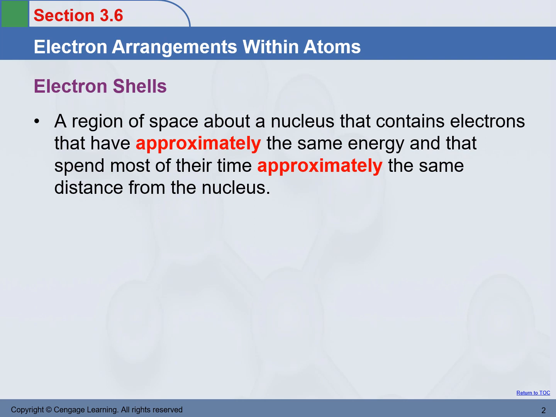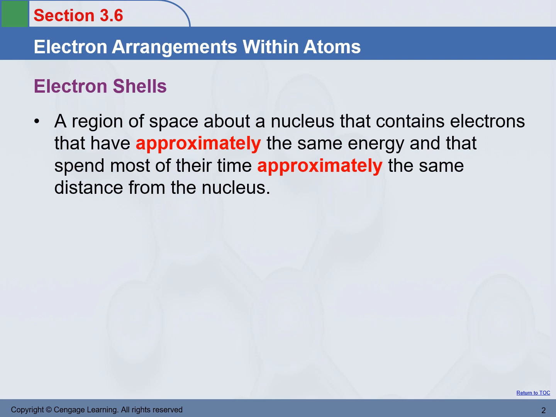At the same time, they also know that is not true. They don't actually have the same energy, and they may not be the same distance from the nucleus. Therefore, there's no better way for them to describe this, so they put the word approximately here.